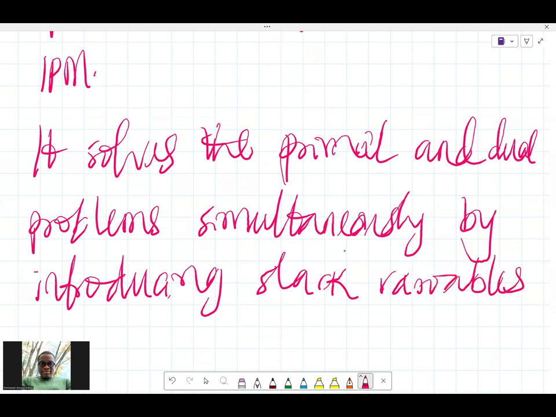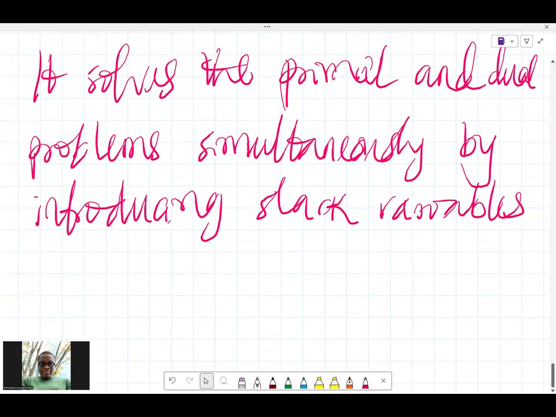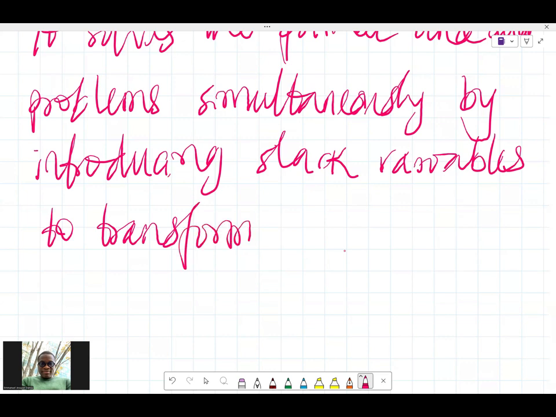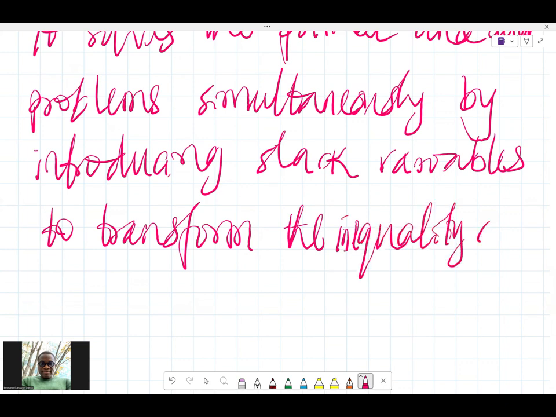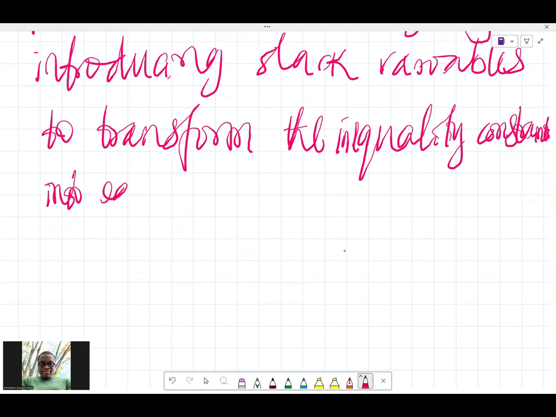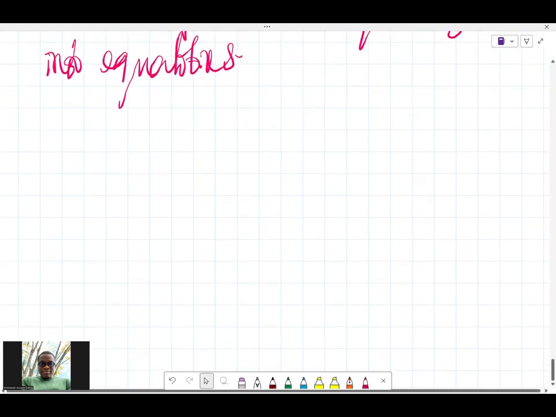We came across the idea of slack variables starting from when we were talking about graphical solutions and then simplex methods. So by introducing slack variables to transform the inequality constraints into equalities. Okay.